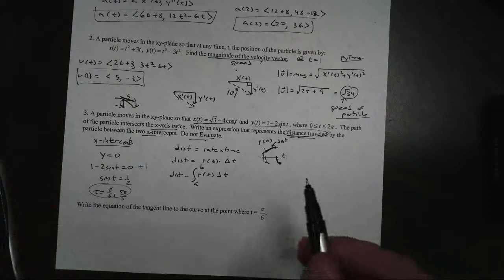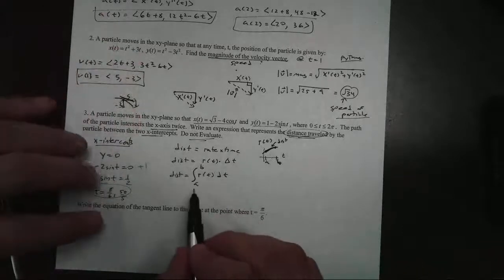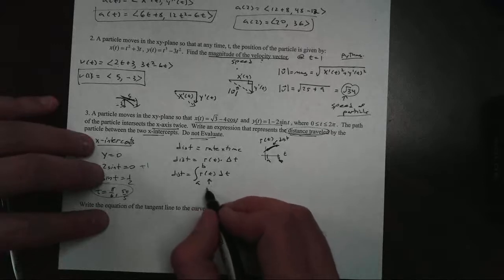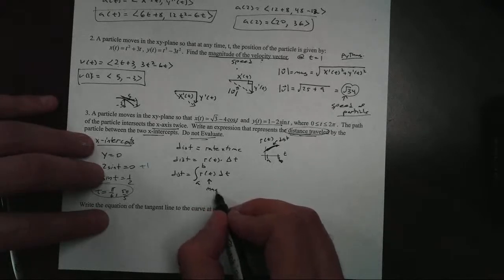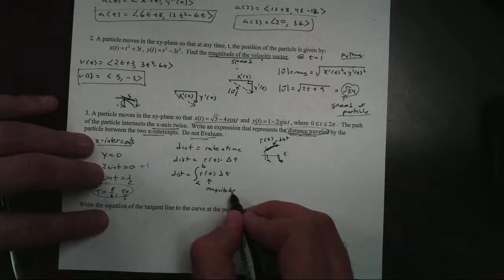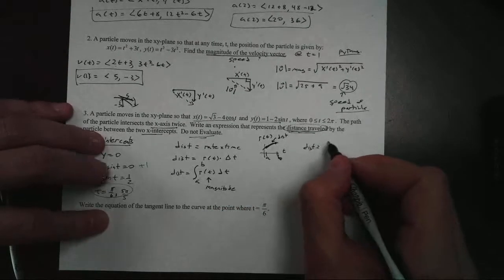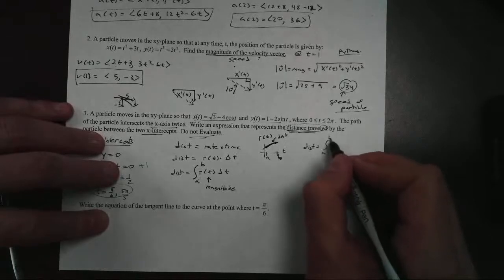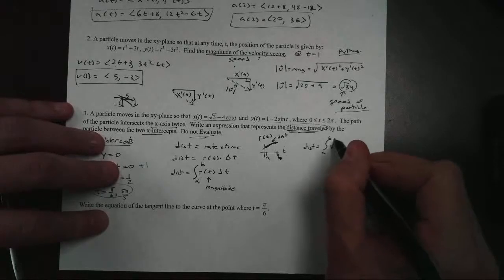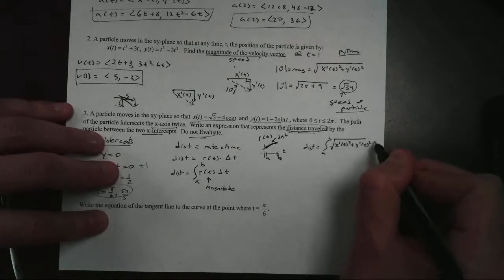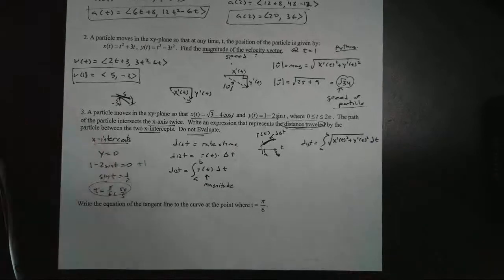Arc length is a little bit different in parametrics and polars in that they're independent from each other. In this case, r of t is our magnitude. So I could write distance as the integral from A to B of the square root of x prime of t squared plus y prime of t squared, dt.